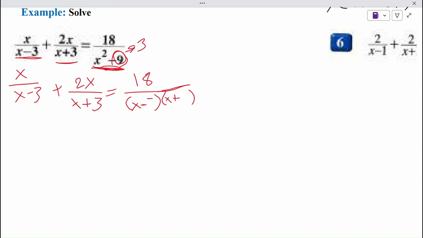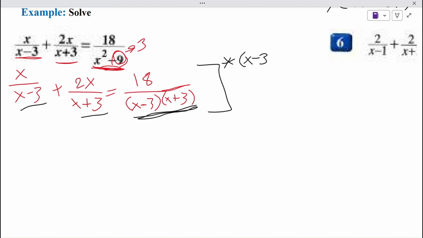Okay, now right now you can find out the common denominator. Where is the common denominator? Here we have x minus 3, x plus 3, and in this rational expression we have both the brackets. So you have to multiply both sides by x minus 3, x plus 3.